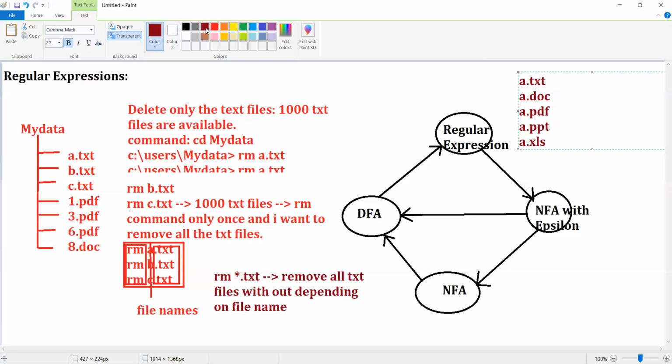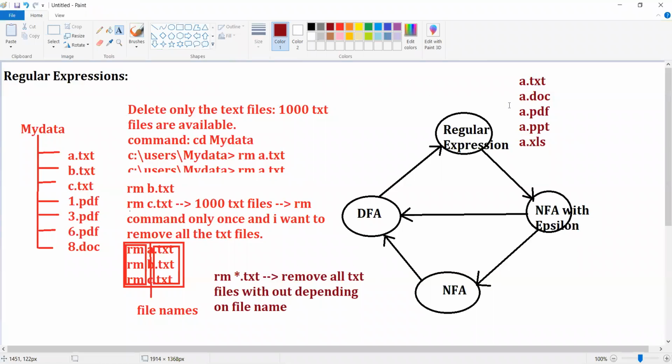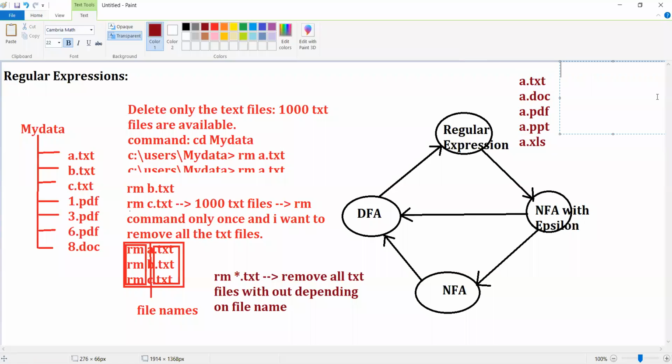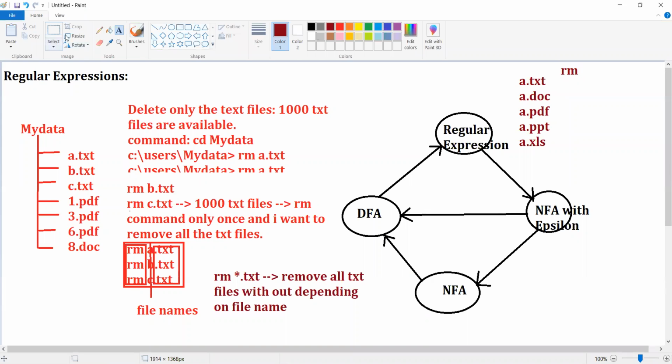Now can someone tell me how I could remove that? What is the pattern you are able to identify over here? Yes, so here we need to use the rm command. And what is the common thing we have over here? Very good. Someone is saying yes, A is common.